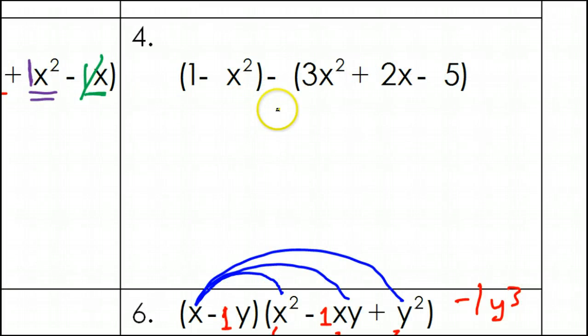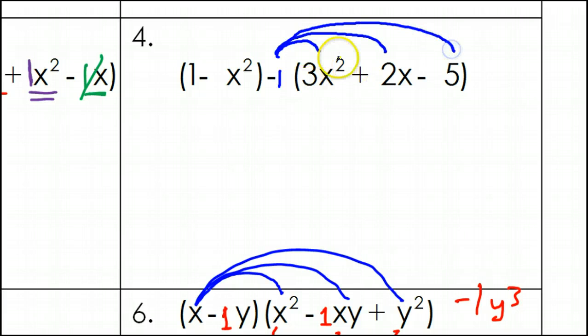All right, the main thing to watch out for is this negative sign right here, because this is like a -1, and it must be distributed across the trinomial. You can't just erase the parentheses. So let's focus on this part first.